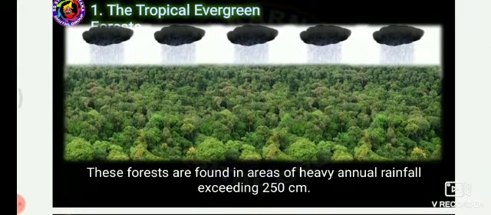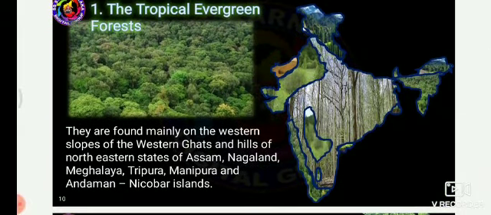The tropical evergreen forests. Tropical evergreen forests occur wherever there is the highest rainfall, meaning more than 250 centimeters, heavy rainfall. This kind of tropical evergreen forest is found in India on the western slopes of the Western Ghats and hills of the northeastern states of Assam, Nagaland, Meghalaya, Tripura, Manipur, and the Andaman Nicobar Islands.